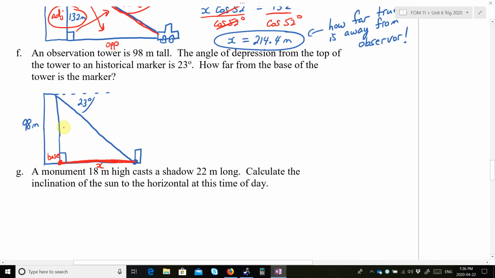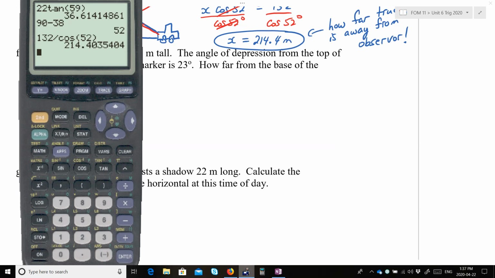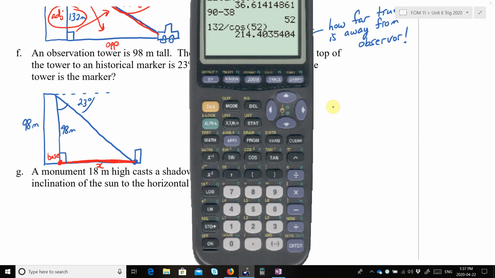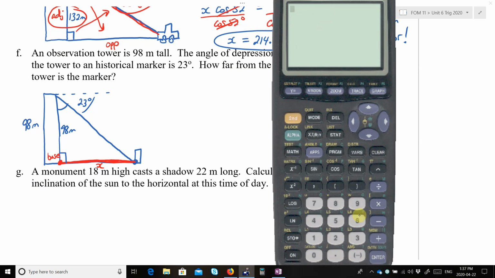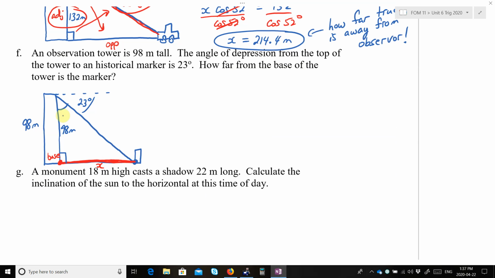Here's our 90 degrees, and this is 98 here. And again, if we've got the angle of depression being 23 degrees, we have to get the angle inside the triangle. And you can get that by going 90 minus 23 degrees. 67 degrees.